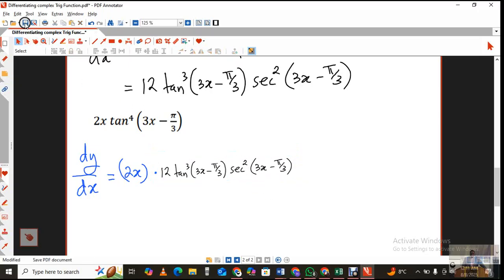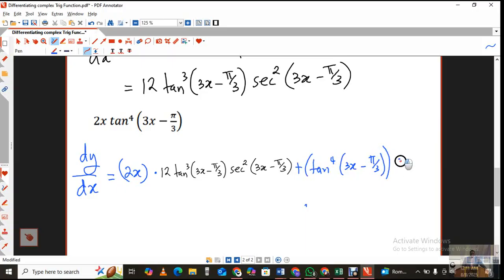Make sure you follow the product rule: take the first times the derivative of the second, plus keep the second, which is tan to the 4 of 3x minus pi over 3, and then you multiply that by the derivative of the first. The derivative of 2x is nothing but 2.